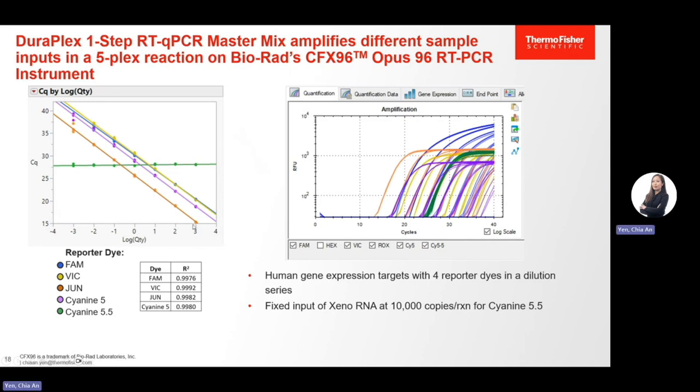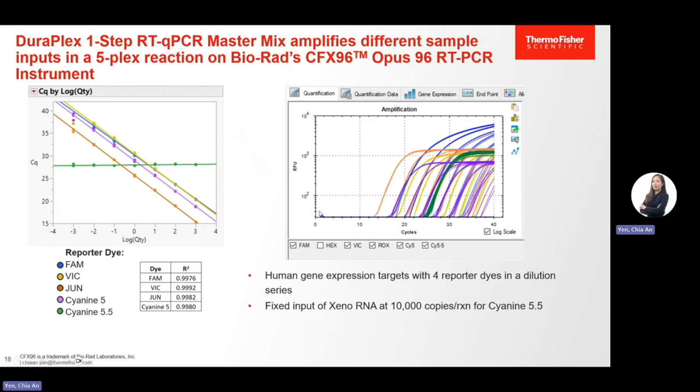And vice versa, the amplification of the other four targets remains consistent regardless of whether the xenoRNA is at either a low or a high input. So you can see the R-squared value remains very close to 1. This implies that Duraplex can confidently amplify samples of varying input with high efficiency for all targets.